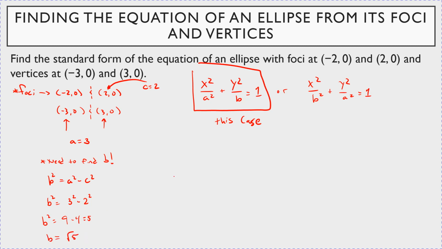All right, so now plug in. a is equal to 3, and b is equal to the square root of 5.